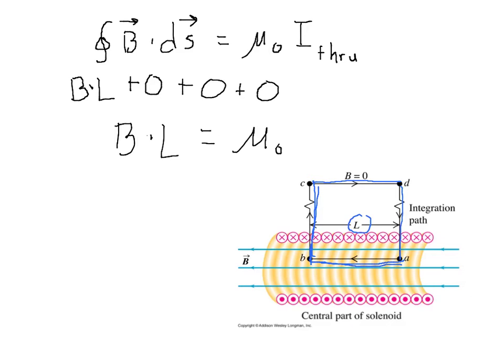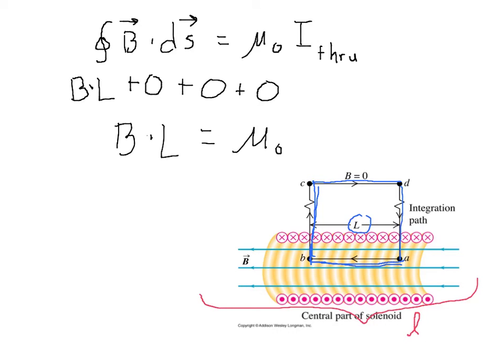Well, notice that we're only showing part of the solenoid, the central part here. But there is a solenoid that is much longer than this. And I don't know how long it might be, but perhaps it goes that long. And let's just use a small case l for that. So the number of coils that we've actually picked off by our integration path is related to how much shorter capital L is compared to small case l.